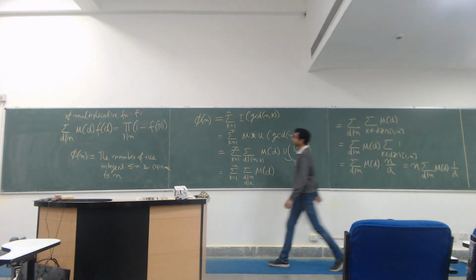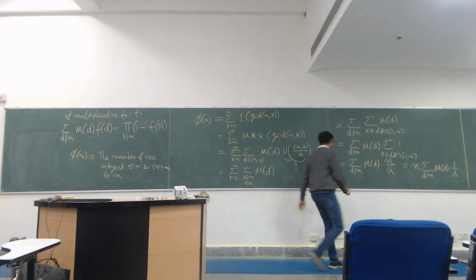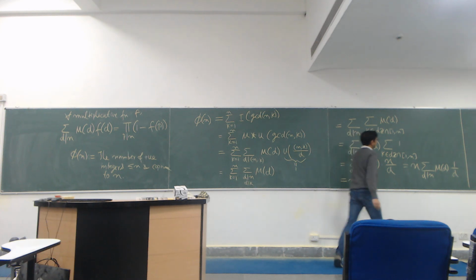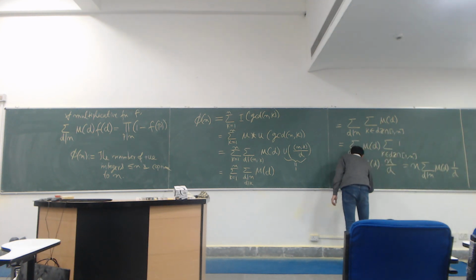We can just leave this in there, with the product by n outside, and this sum we can now replace, because 1 by d is a completely multiplicative function. So this is n times the product over p dividing n of 1 minus 1 by p.